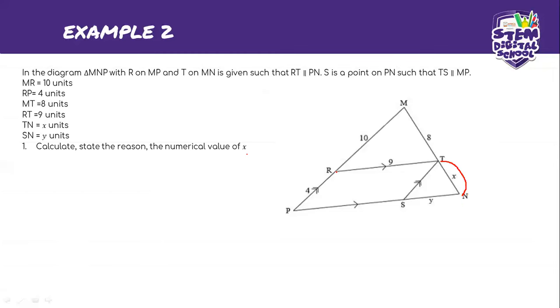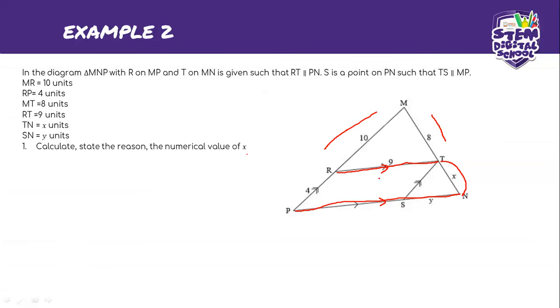Now, in this case, we can see this line is parallel to PN. Can you see that? So this is parallel there, right? Meaning this side is equals to this side in terms of ratio, right? It's a proportionality, right? You remember?